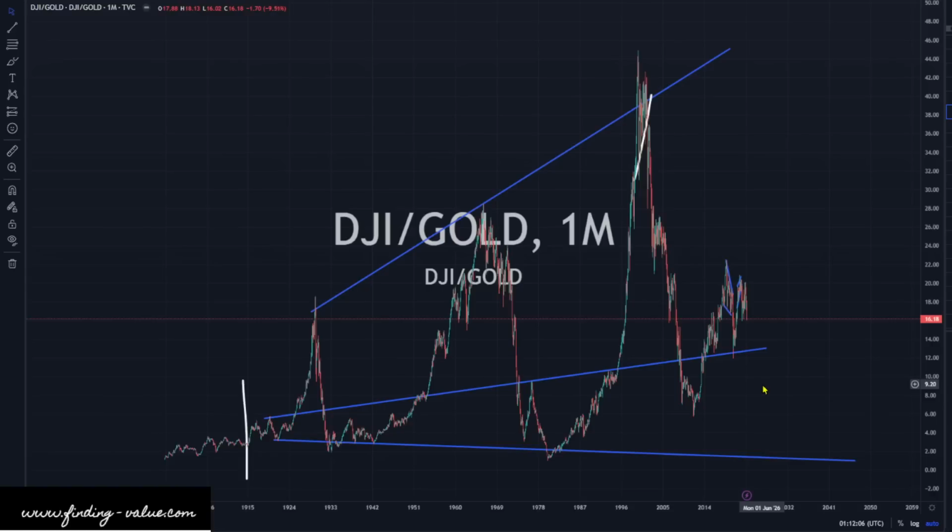Gold could get all the way up there, or the Dow Jones Industrial Average could fall, or a combination of both, where gold goes higher and the Dow goes lower, and we go to a 1-to-1 relationship where they equal each other. That would take a strong inflationary environment and a vast outperformance of precious metals.